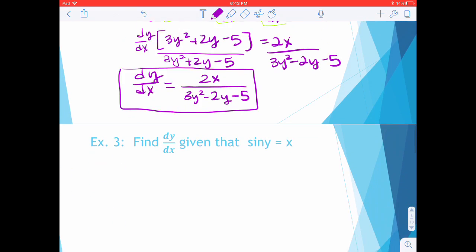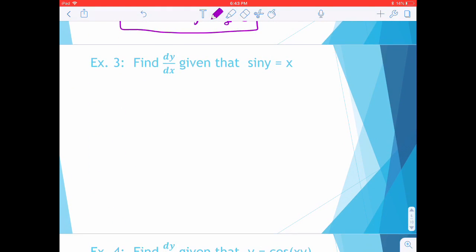Okay, so let's find dy/dx given that sine y is equal to x. So we want to differentiate both sides again with respect to x. So we need to differentiate sine y and then multiply by the dy/dx. So the derivative of sine is cosine y dy/dx.